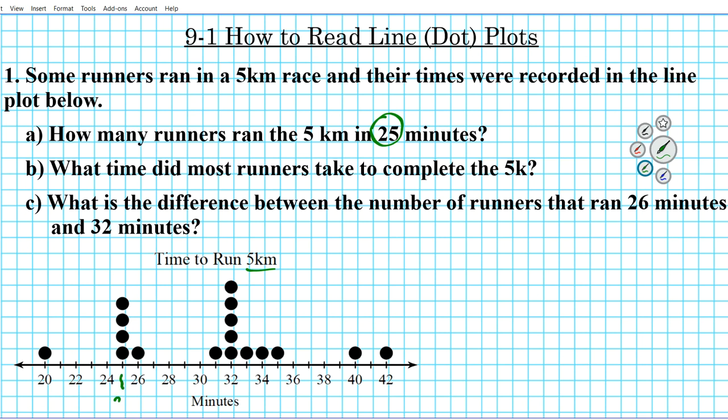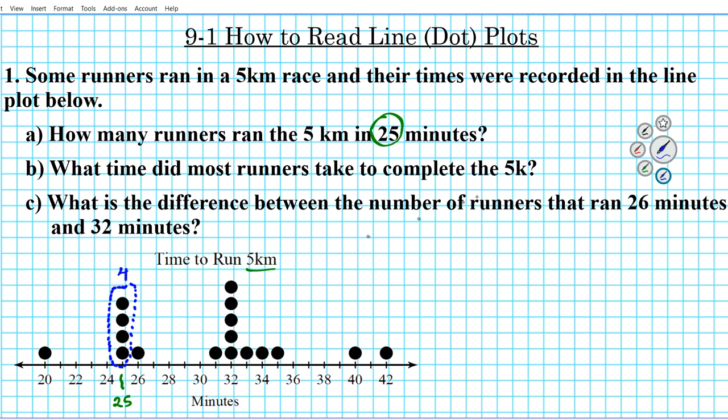Then we count how many dots or crosses are vertically above 25. They are all stacked on top of each other: 1, 2, 3, 4. This vertical stack represents the frequency of 25 in the data set. So there are 4 of them.